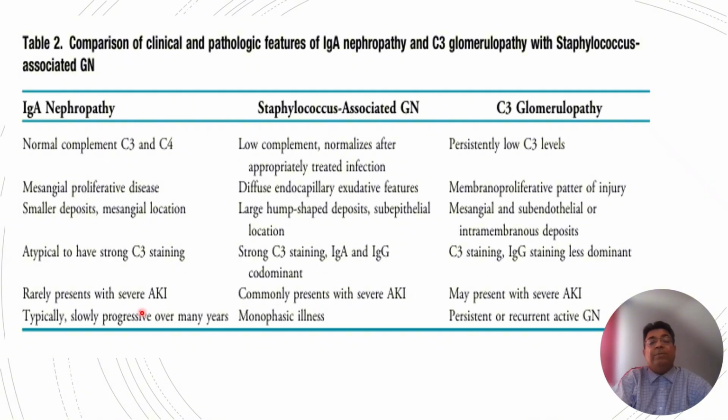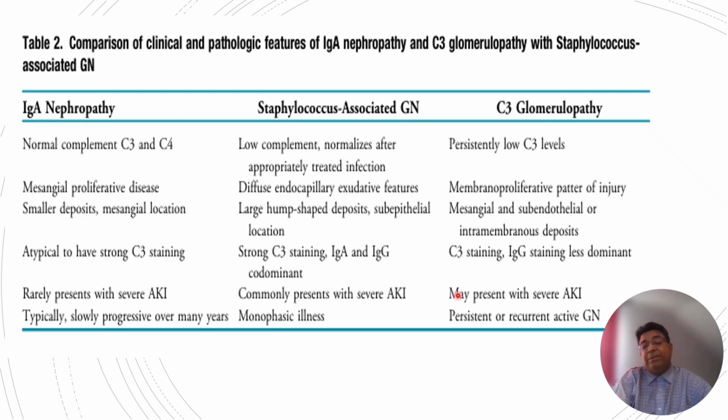IgA nephropathy rarely presents with severe AKI and is typically slowly progressive over many years. Post-infectious GN is a common cause of acute GN and can present with severe acute kidney injury, but with treatment can resolve very fast.